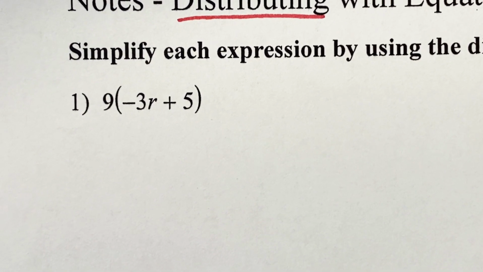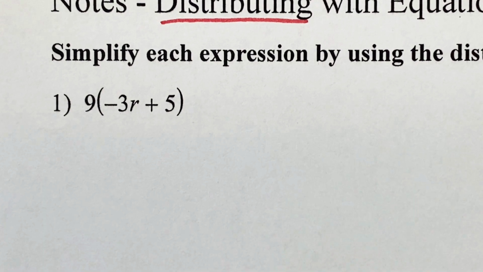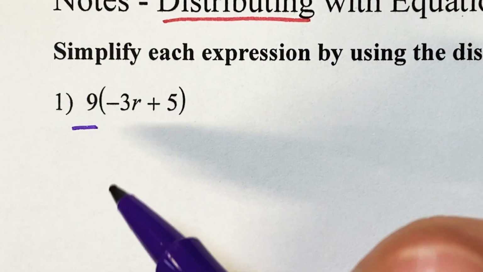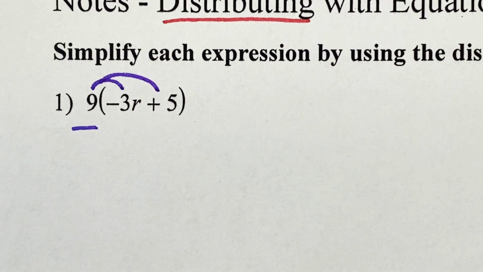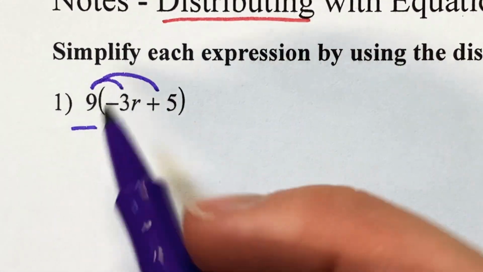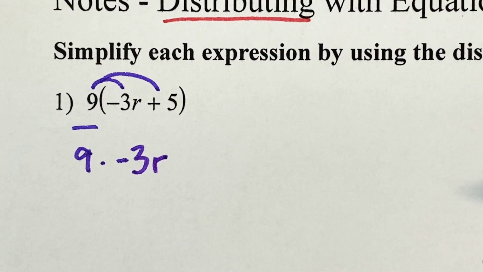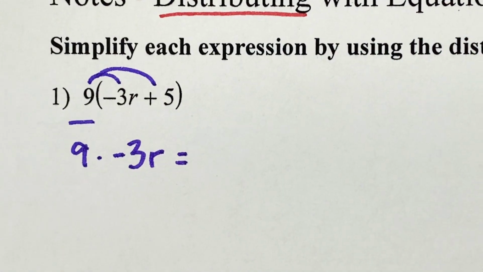Find your parentheses and then find the number that is right in front of our parentheses. What is the number that's right in front that needs to distribute? This is going to be that 9. So the 9 wants to distribute, meaning it wants to multiply to both things inside. The first thing that it wants to multiply is that negative 3r. So what is 9 times negative 3r?